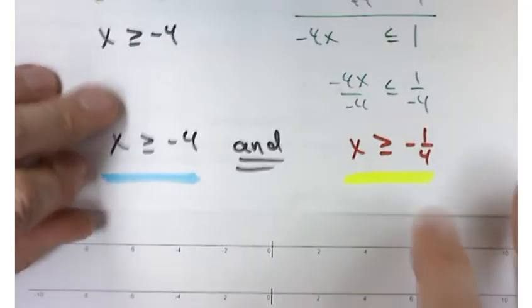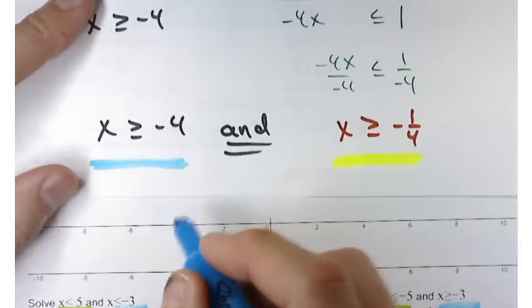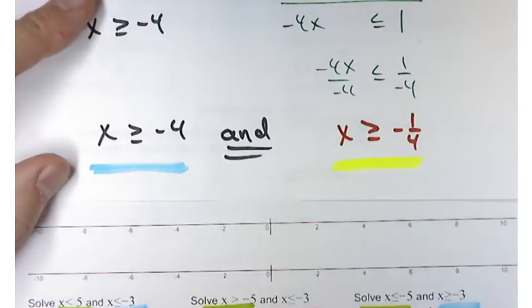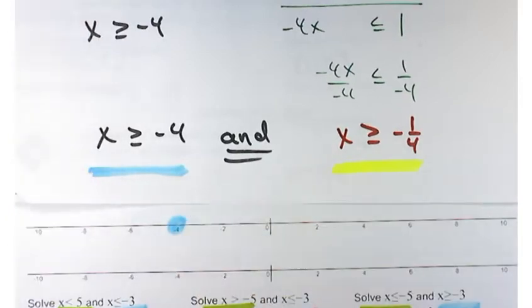So let's bring it down to here. x is greater than or equal to negative 4. So that'll start here. And before anyone busts my chops on this again, let me put a solid dot. There we go. Solid dot, and that's going to be an arrow to the right. I'm going to hold off on that for just a second.